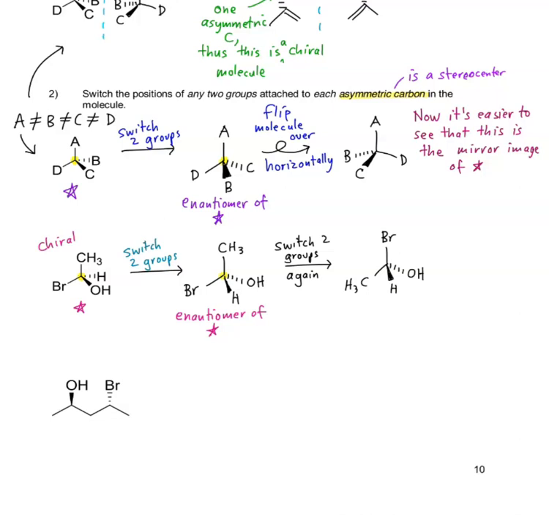Okay, so if you switch two groups from your original molecule, you get the enantiomer. If you switch two groups again, that takes you back to the original. So now this is star. Okay, now I will leave it to you to check with models to make sure this is star.